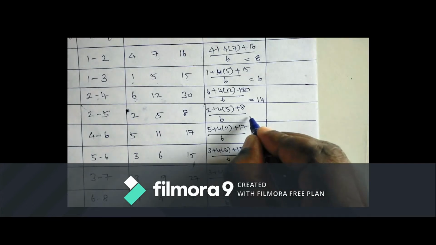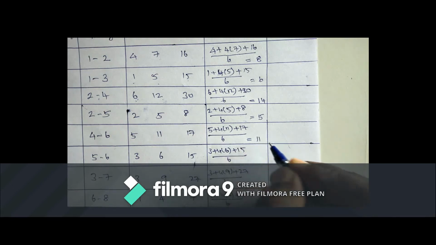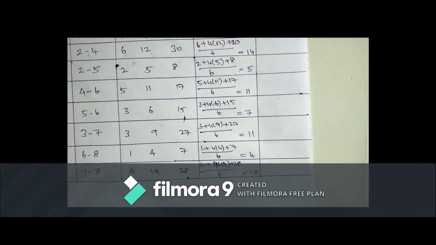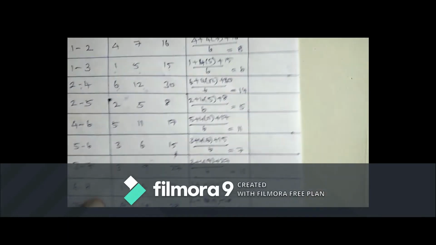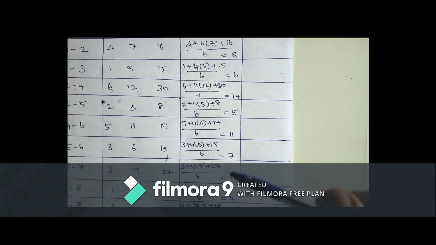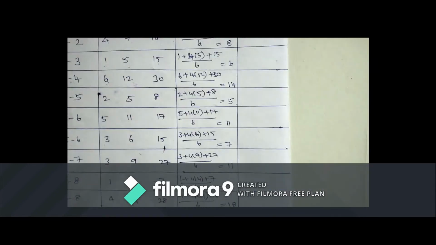Same way I am finding these values, which are 5, 11, 7, 11, 4, 18. This is the original duration of each activity.